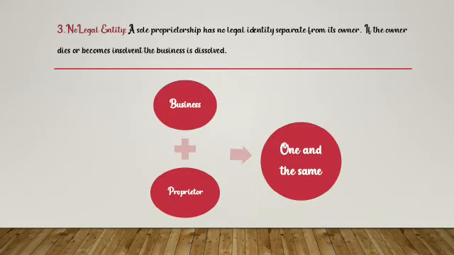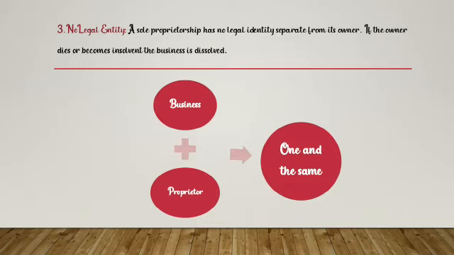Third, no legal entity. A sole proprietor has no legal identity separate from the owner. For example, the owner of the grocery store and the grocery store are considered to be one. They are together. They are not considered separate in the eyes of the law.